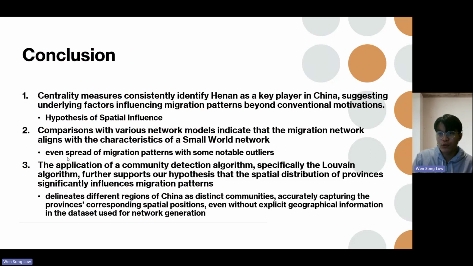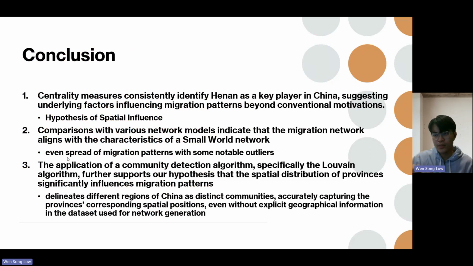I also found that by comparing my network with different models, our migration network aligns with the characteristics of a small world network, whereby there is an even spread of migration patterns with some notable outliers. Lastly, the application of a community detection algorithm, specifically Louvain, further supports our first hypothesis that the spatial distribution of provinces significantly influences migration patterns.